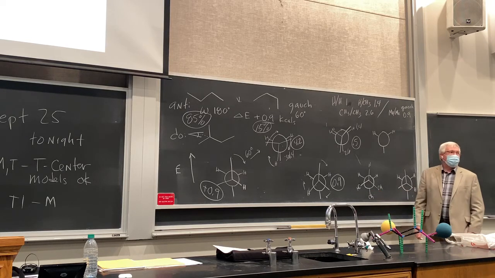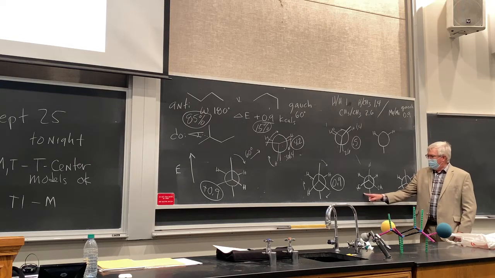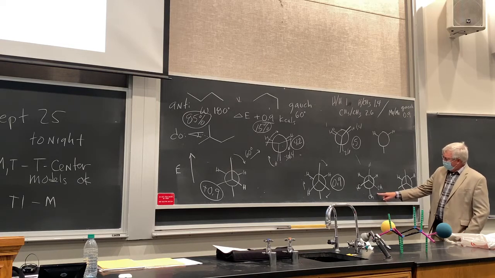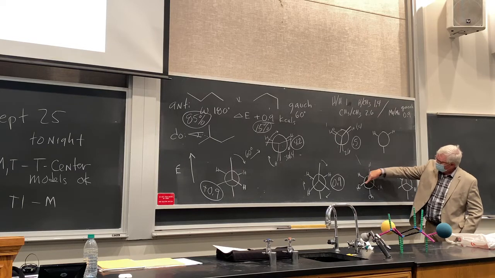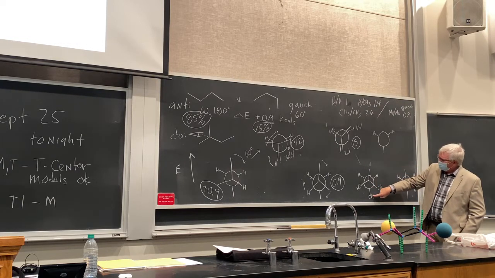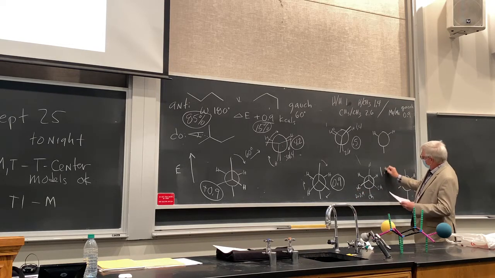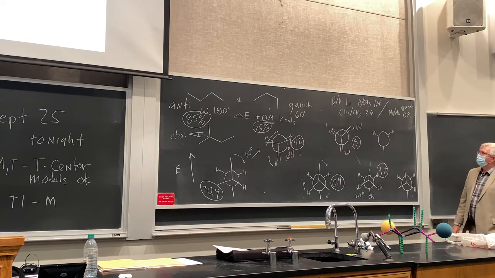Let's see, anybody see a gauche interaction there? Yeah, there's actually 1 here. Is there another one? Yeah, now we have a spot where we have the 2 here. This kind of is like an isopropyl fragment, you could say, kind of straddling that methyl group. So 2 times 0.9. So what is this, 1.8? Yep, for that energy. Okay.